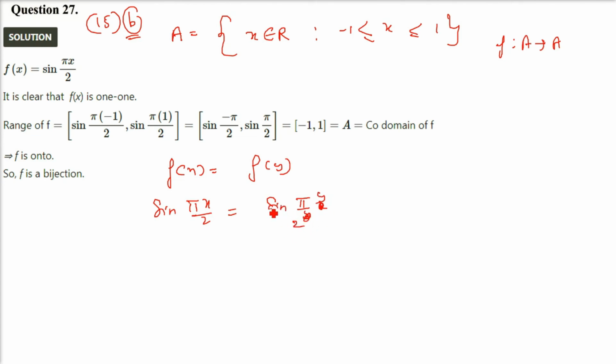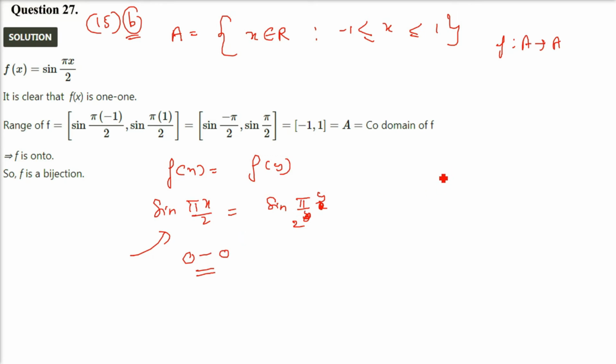If I take you to trigonometry, sine a equals sine b has a deep meaning, where all the angles are taken care of, and then there is a minus 1 to the power n plus something solution. But right now, I'm just saying that it is 1 to 1, because sine 30 will be equal to sine 30, sine 60 will be equal to sine 60, sine 180 will be equal to sine 180. That is why I'm saying it is 1 to 1.